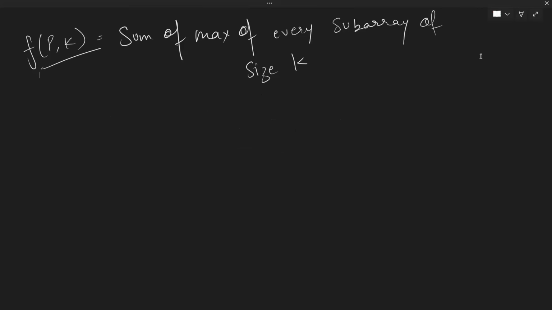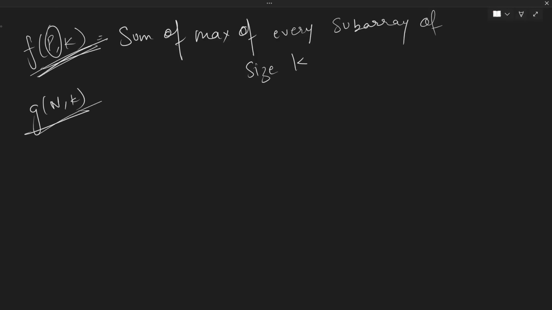Okay, so let's now look at g of nk. What is g of nk? If you change the permutation, this value will change, but two permutations can have the same value.